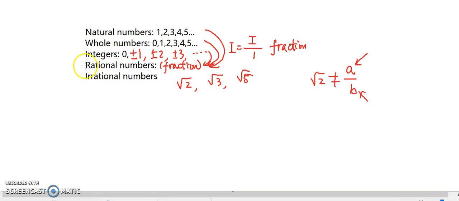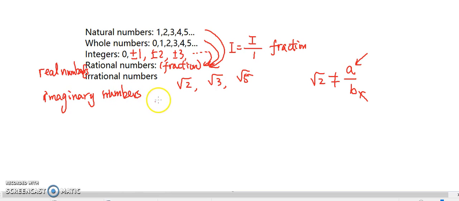Okay, so rational numbers and irrational numbers, we put them together, that's called real numbers. So if there are real numbers, that means we also have unreal numbers, which we call imaginary numbers, such as 2i, negative 3i, and so on.